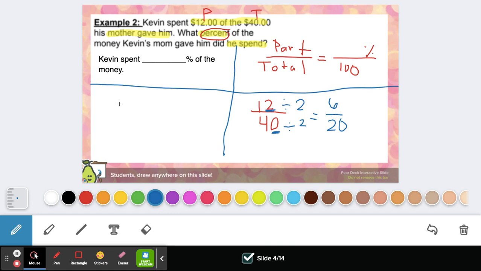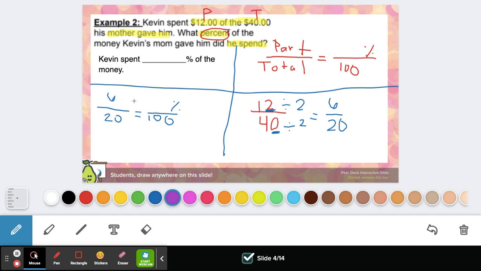Now I'm going to write my proportion over here on this side. So 6 over 20 is equal to blank percent over 100. We can do it one of two ways. We can do butterfly, where I check which two numbers are across from each other and filled out.